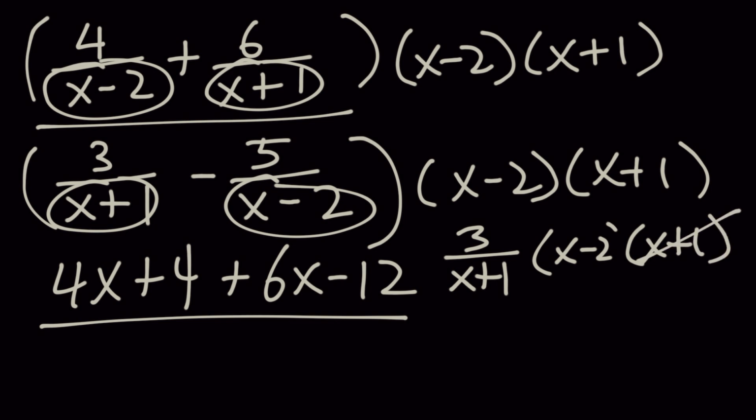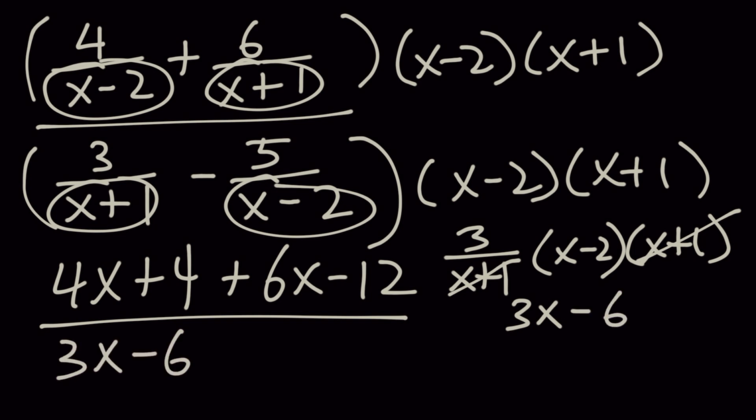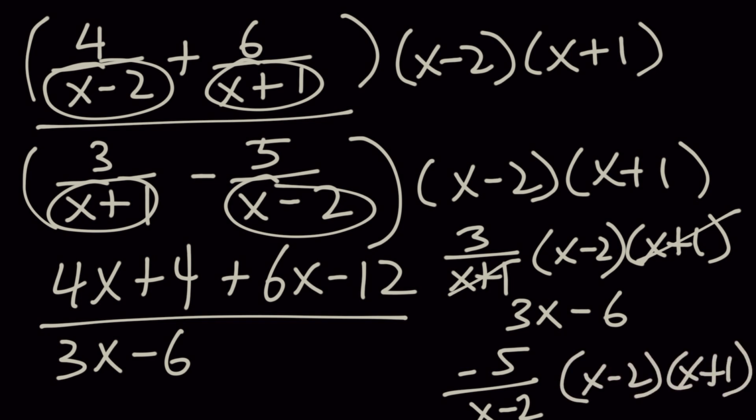We'll cross this out. And we end with 3x minus 6. And the second portion, negative 5 over x minus 2, x minus 2, x plus 1. Cross that out. We have negative 5x minus 5.